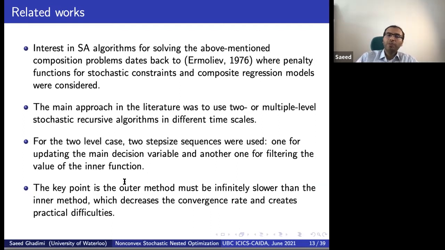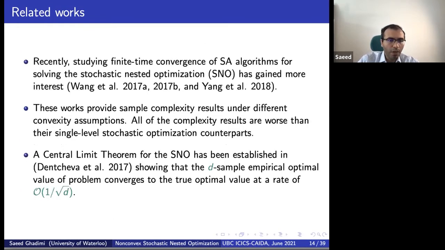For those algorithms, the key point is that the outer method must be infinitely slower than the inner one. In this case, we have a decrease in the convergence rate, and we cannot recover the convergence rate for the single-level classical stochastic optimization problems. Recently, people have studied this nested structure in the sense of finite-time convergence.